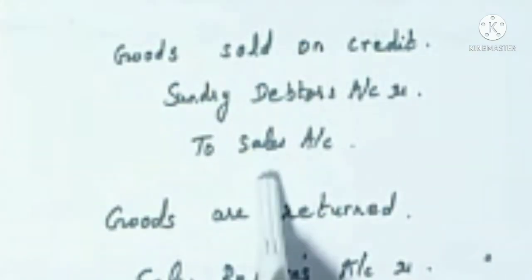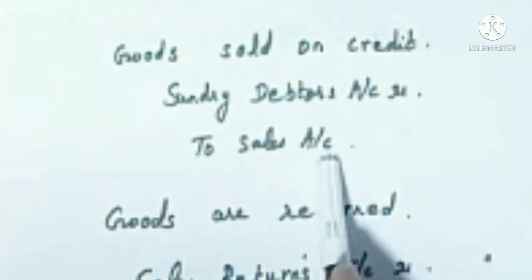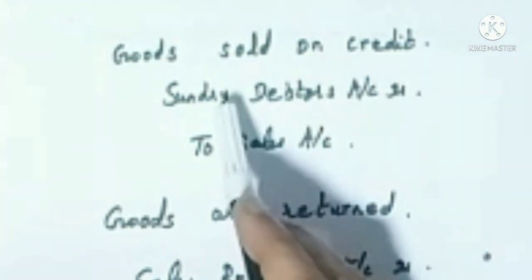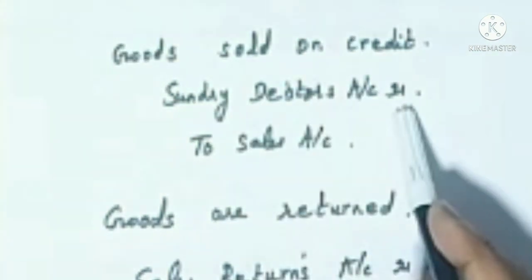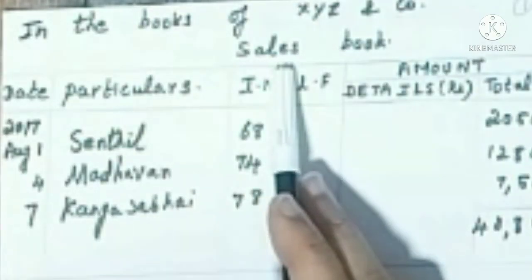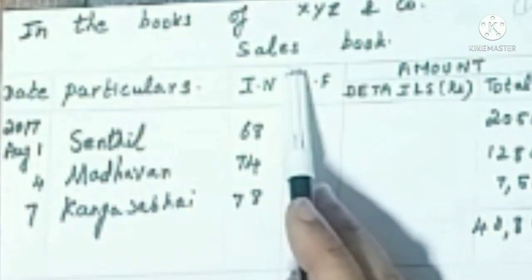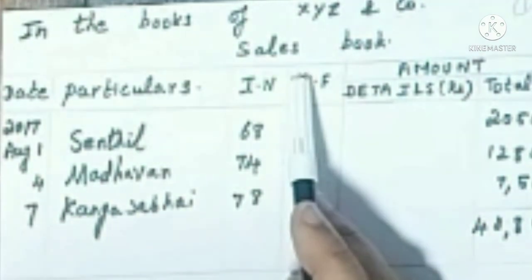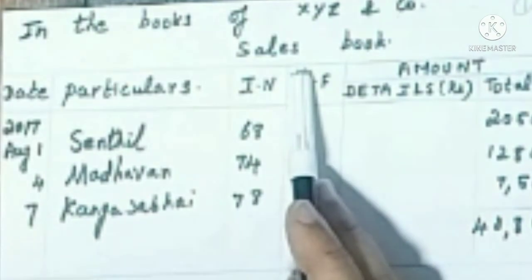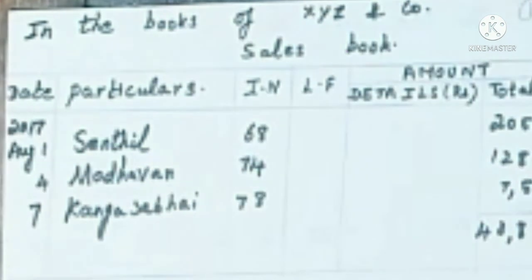Now we are going to prepare sales ledger account. Sales account is credited, so we have to write it on the credit side by sundry debtors account. While preparing the sales ledger account, we write on the credit side, by sundry debtors account, amount is rupees 40,800.